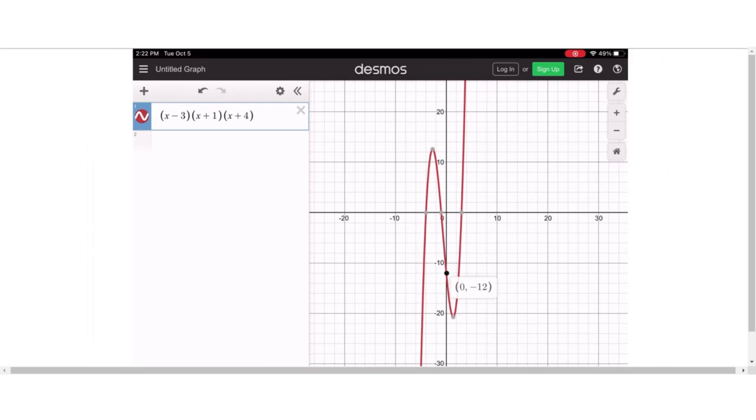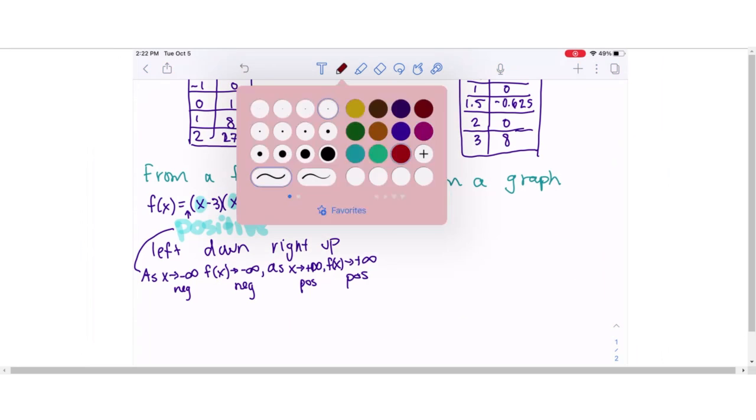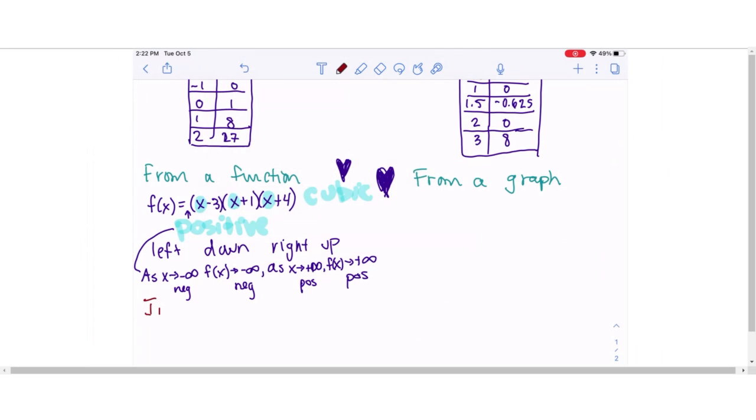So let me come in here and write those things down for the intercepts. From the +3, we had one at 3, 0. From +1, we had it at -1, 0.